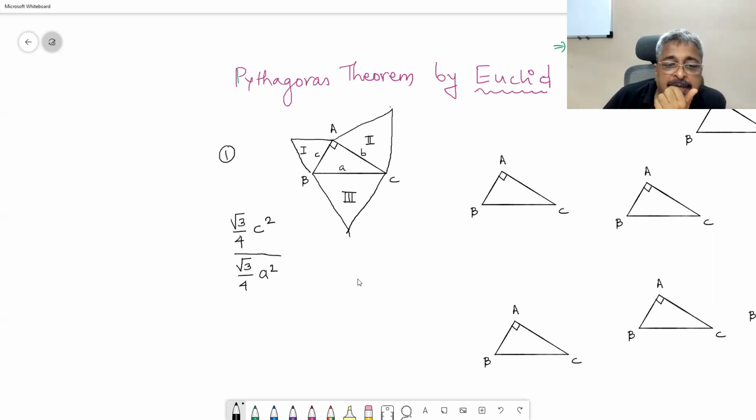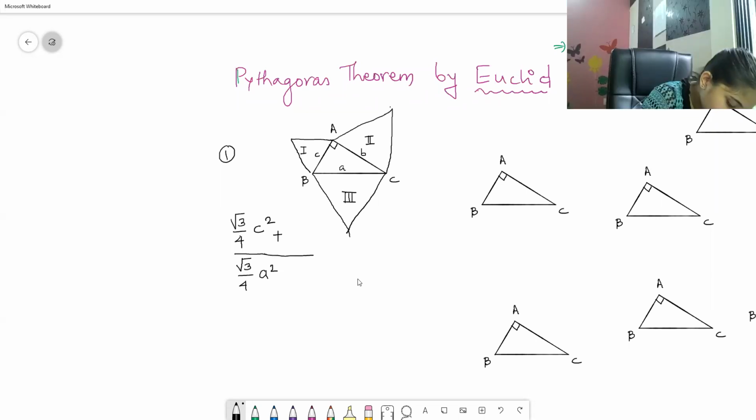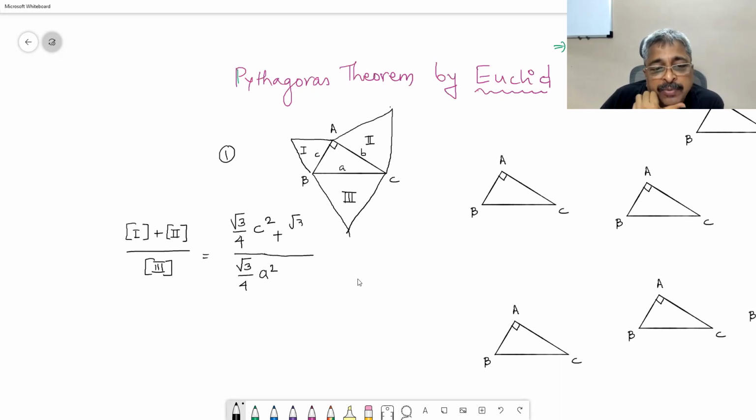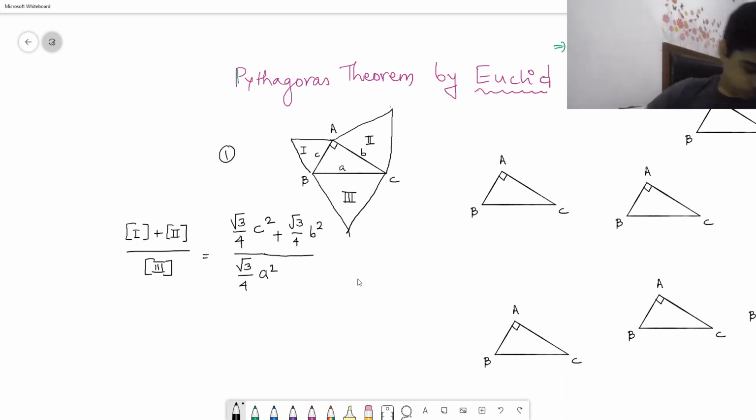So, if I take these two triangles in the numerator, what I am doing here is area of 1 plus area of 2 divided by area of 3. Okay, so this is root 3 by 4 b square. Do you understand this calculation?